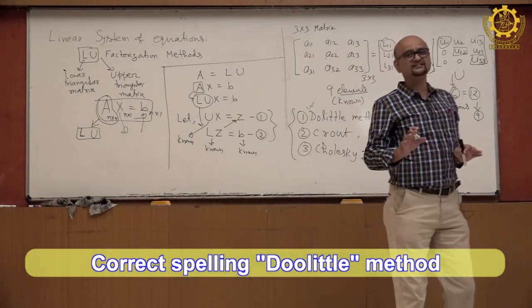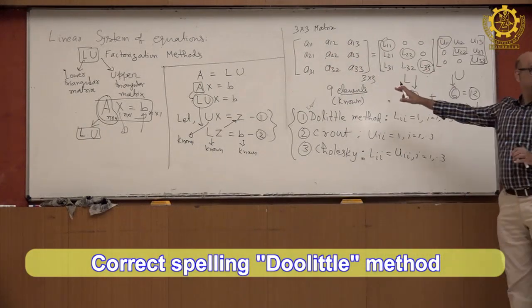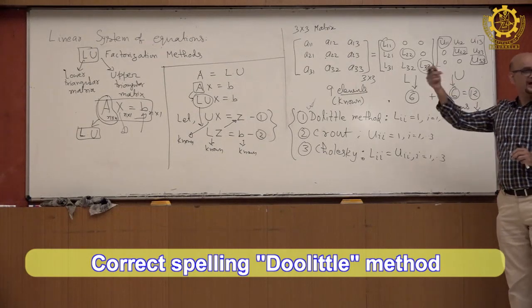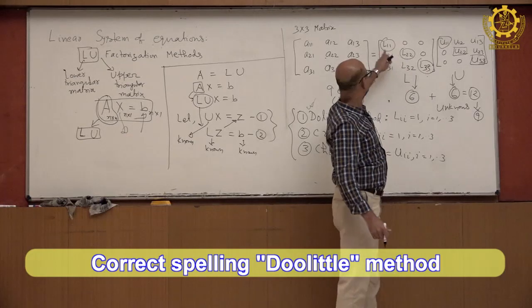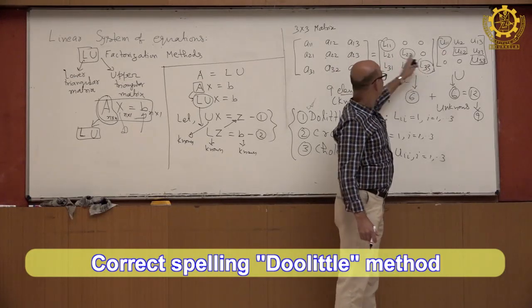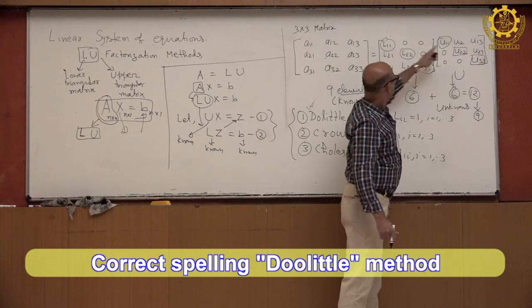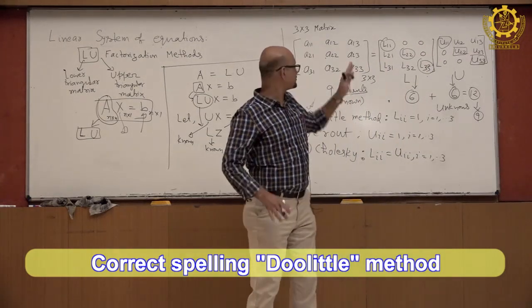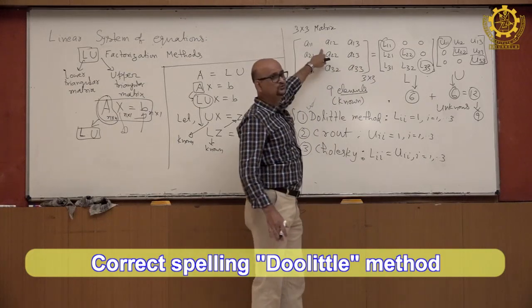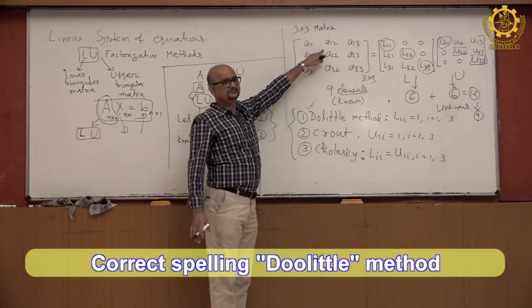Main difficulty is to factorize A to L into U because you will have 9 equations. Although those are simple equations, you will just multiply, you will get suppose L11 into U11, then this into this, like that. Different elements you will get in terms of L_ij's and U_ij's. You have to equate each element with these elements because you know A_ij's.